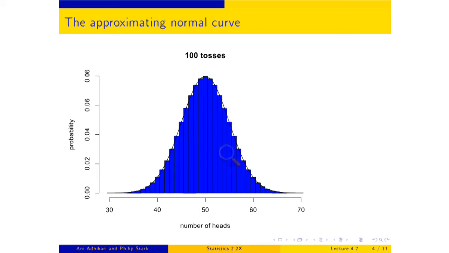This is the chance of, is it 54 heads? Yeah, something like 54 heads. And you can calculate that by the binomial formula. So there is no mystery to how these heights have been arrived at. You could do it if you had the patience. And you can see that it looks like the bell curve. Which bell curve? Well, this one.